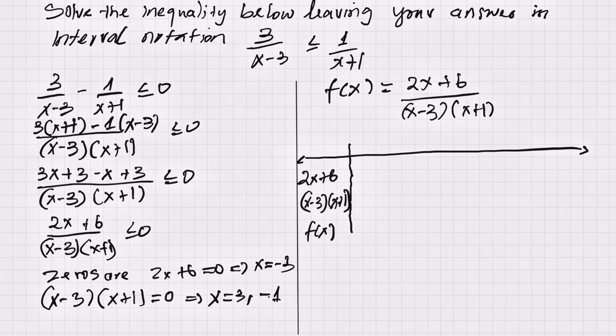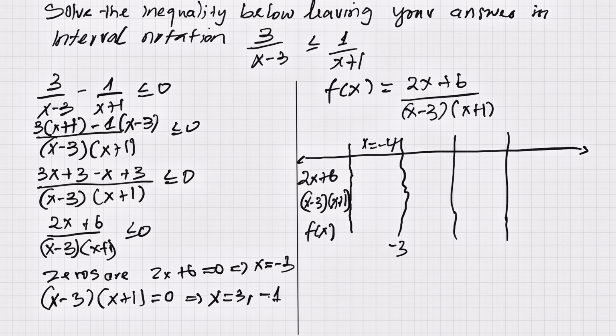So let's say that we are testing negative 3. That means values less than negative 3, we can choose x equal to negative 4.